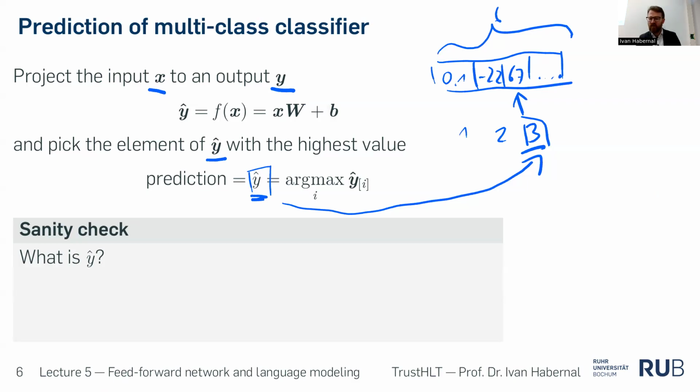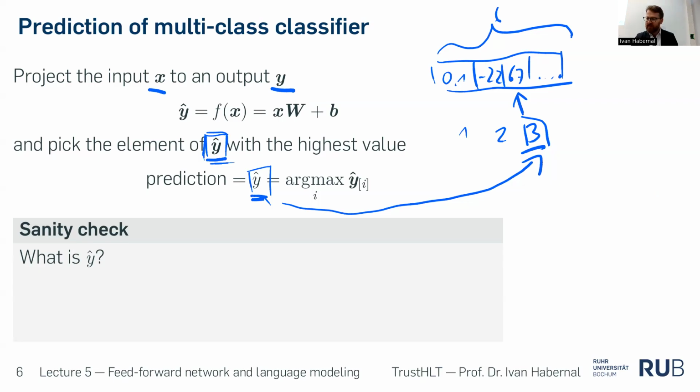This would be our y hat. There is a difference: this y hat is a vector, and this y hat is just the index. But basically, we'll be mostly using the vector of prediction, the y hat as a vector.